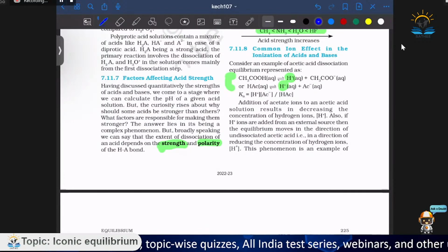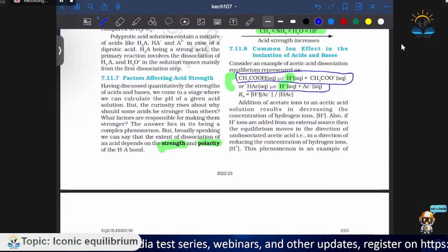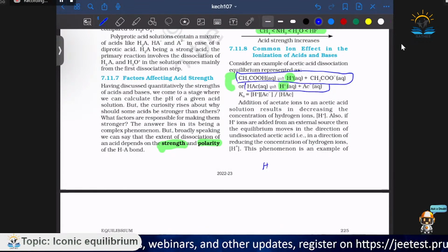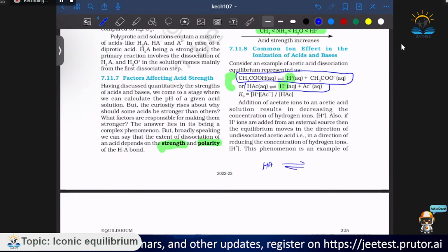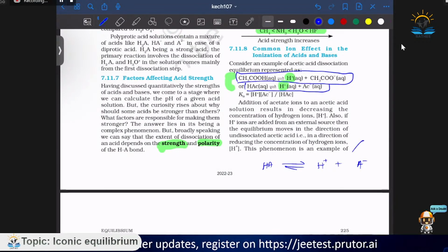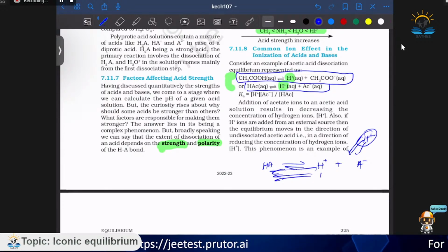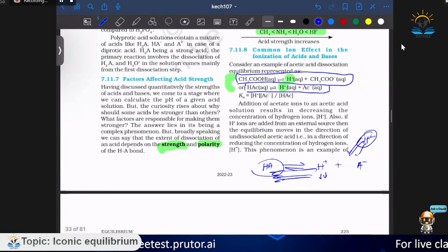So this is your acetic acid Ka equilibrium. If you add H plus, suppose your acid HA is getting dissociated to H plus and A minus, and you are adding more H plus in the solution, you are increasing the product, so the reaction will go backward to decrease this and maintain the equilibrium. So more HA will be formed.